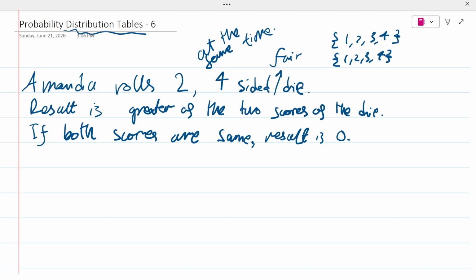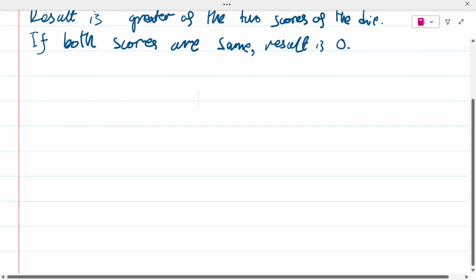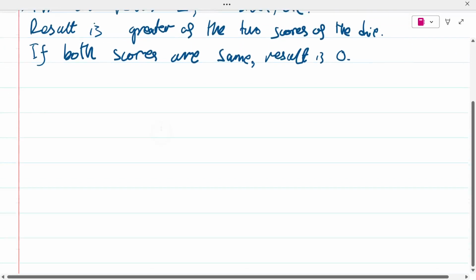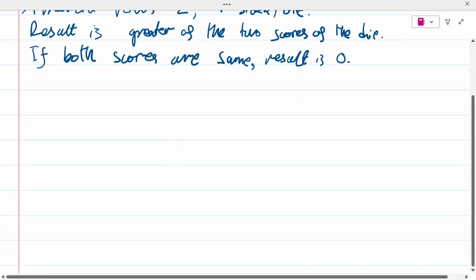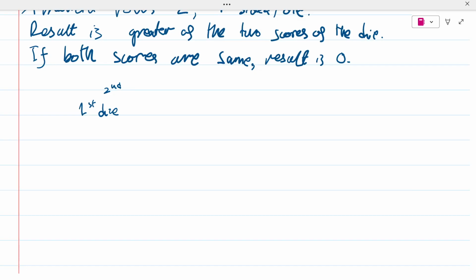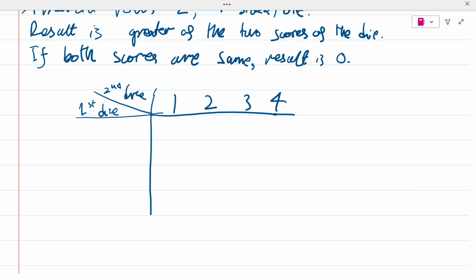So how do we find the probability for each of them? Obviously we find the probabilities using a simple table, and this is how you make a simple table. First dice, second dice. One, two, three, four, and one, two, three, four.